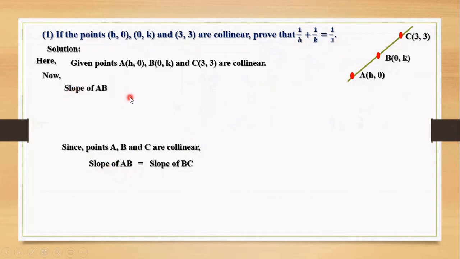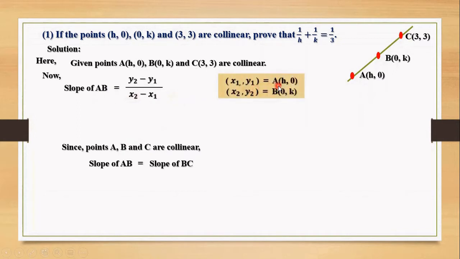Slope of AB, we know the formula (y2 minus y1) by (x2 minus x1). For this formula, the values of x1, y1 we take from A, and the values of x2, y2 we take from B. Let's substitute it in this equation.